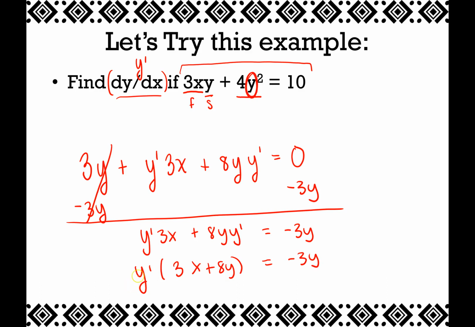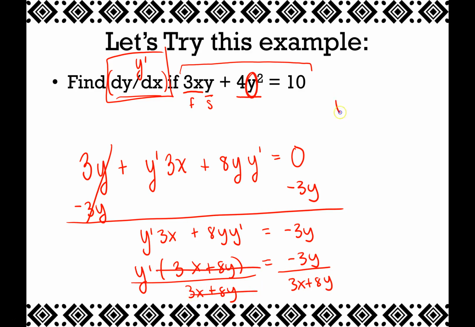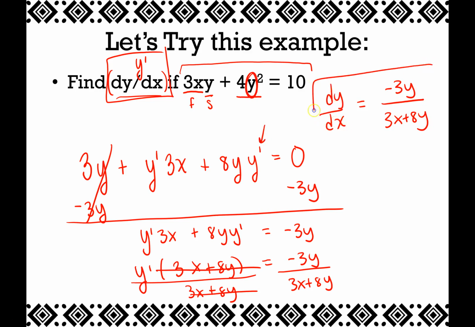And since I'm solving for y prime, which is the same thing as dy dx, I'm just going to divide by 3x plus 8y, 3x plus 8y. This cancels and this cancels, and I get y prime equals negative 3y over 3x plus 8y. And that's my answer. If you want to, instead of writing y prime, you can write dy dx. I just find it much easier to deal with y primes in my problem. All right, we have completely solved the first one.